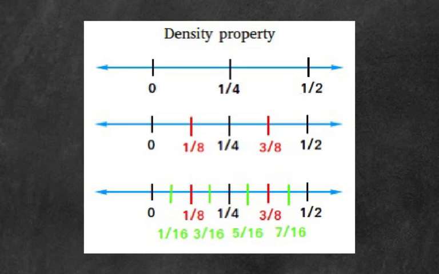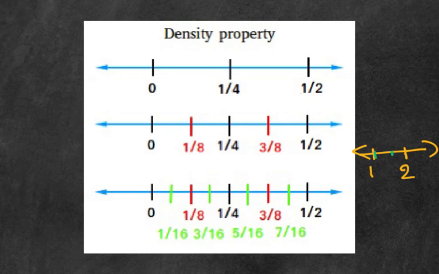For instance, if we have 1 and 2, natural numbers, can we find a natural number between 1 and 2? No, there is no natural number. Natural means 1, 2, 3, 4, the numbers we can count with our fingers. So there is no natural number between 1 and 2.